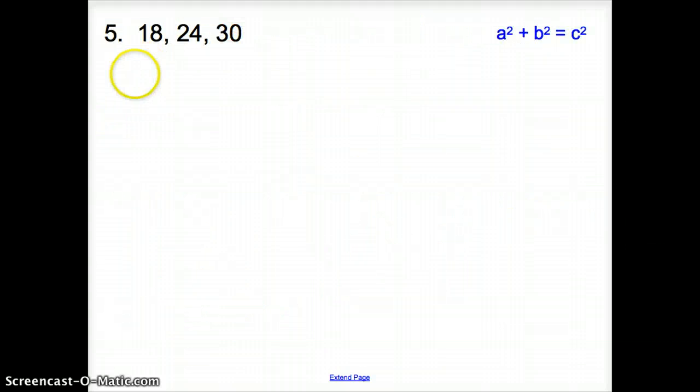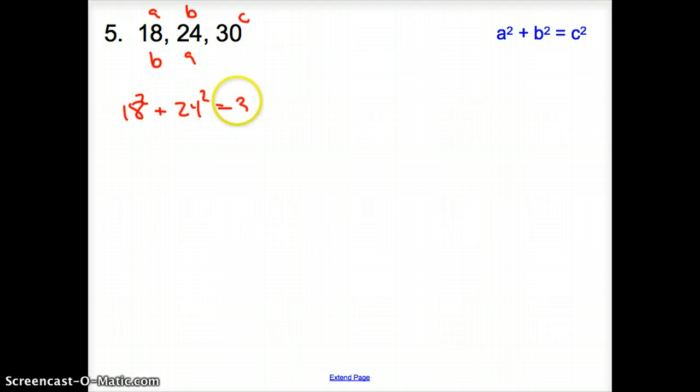One more example here. Now we have 18, 24, 30. Which one is your C? That's the only thing we have to find out. The biggest one, which is 30, is C. So now we just plug in the rest. This is A, this is B, or you could have B, then A. It doesn't matter. I'm going to put 18 for my A squared plus 24 squared equals 30 squared.